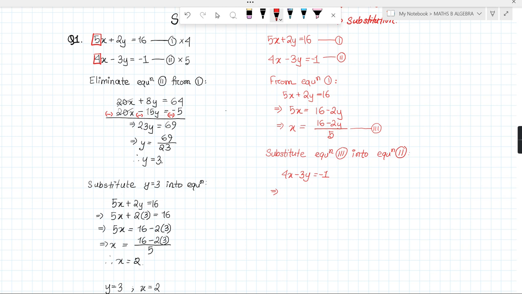So you can use this value and input it in equation 2. Wherever equation 2 has x, you can just input the value for x into the equation. So instead of x, we write 16 minus 2y over 5, so 4 times (16 minus 2y over 5) minus 3y equals minus 1.